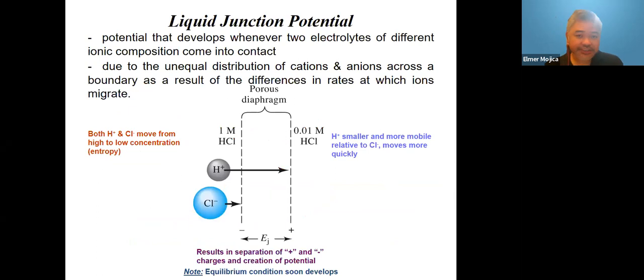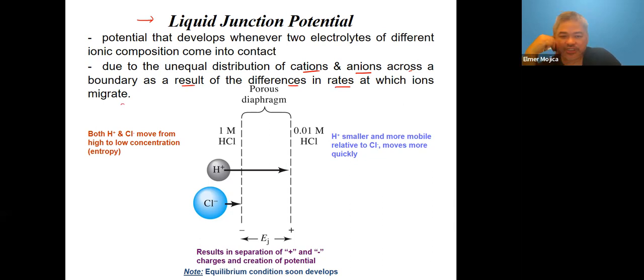And during this time, you can now consider the so-called liquid junction potential. This is the potential that develops whenever two electrolytes of different ionic composition come into contact. This occurs due to the unequal distribution of cations and anions across a boundary as a result of the difference in the rate at which ions migrate.